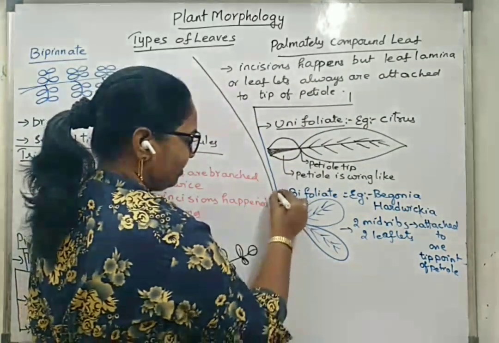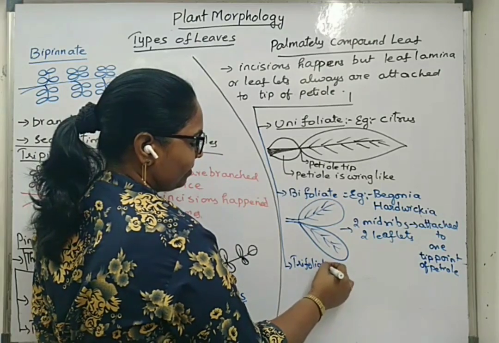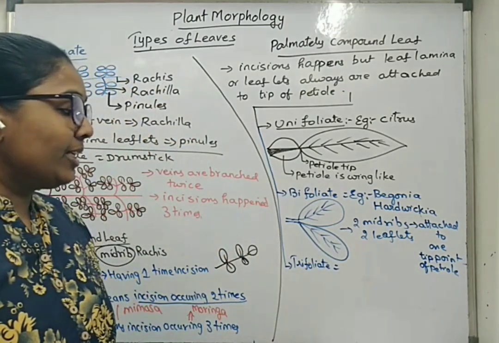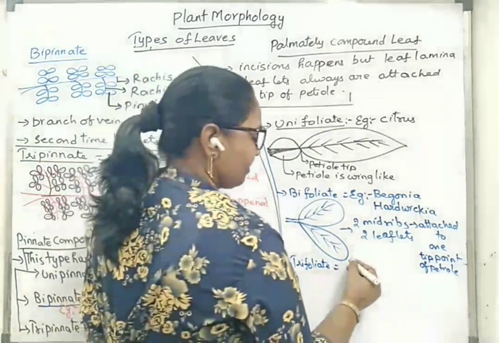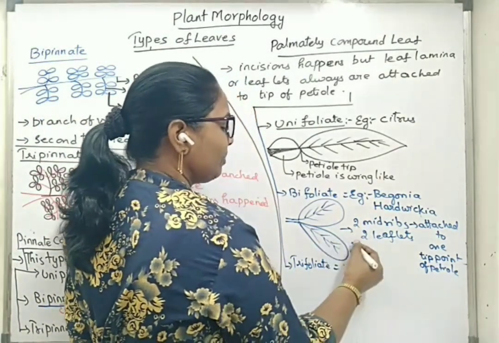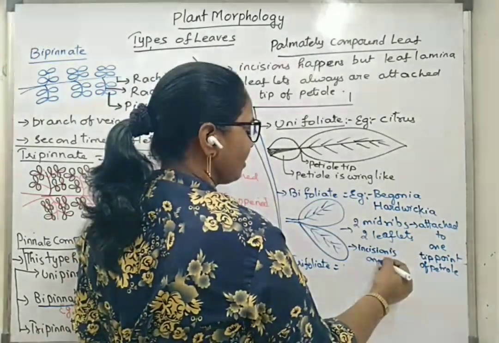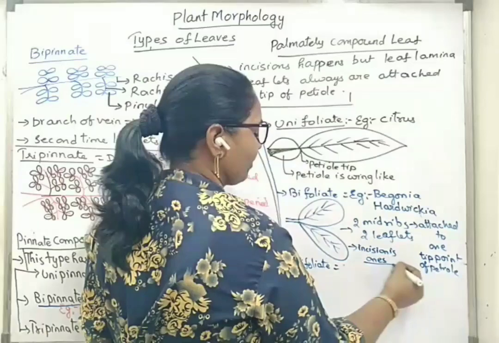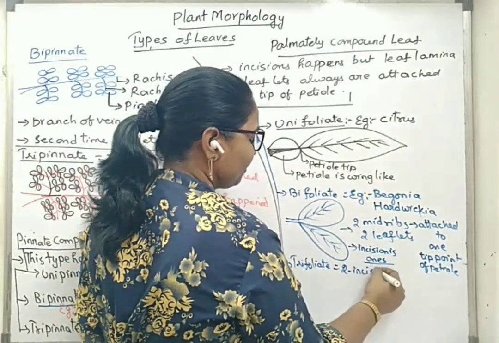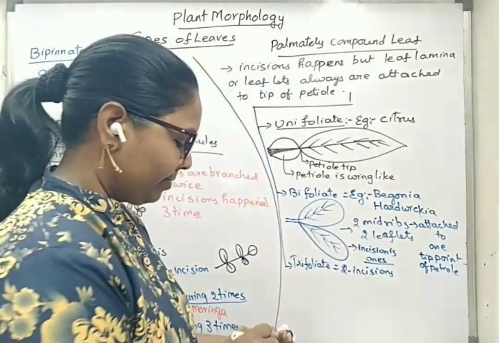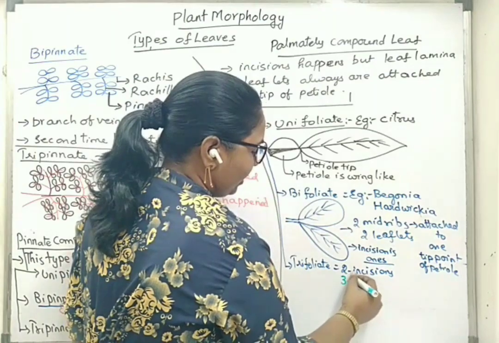Next, trifoliate. Here incision happened only 1 time in the previous case; incision is once. Next, trifoliate: 2 incisions, but there will be 3 leaflets.